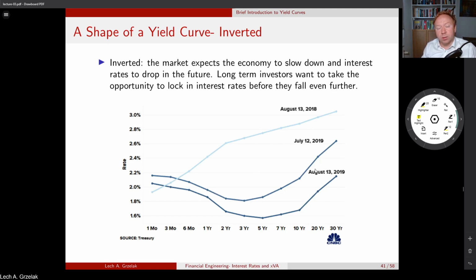And actually, maybe some of you remember, in October 2019 there was a so-called repo crisis. So you can also associate this yield curve behavior with a signal of something bad coming. Central banks are typically active in the short end. They could also be active in the long end, but that's the case of so-called yield control.